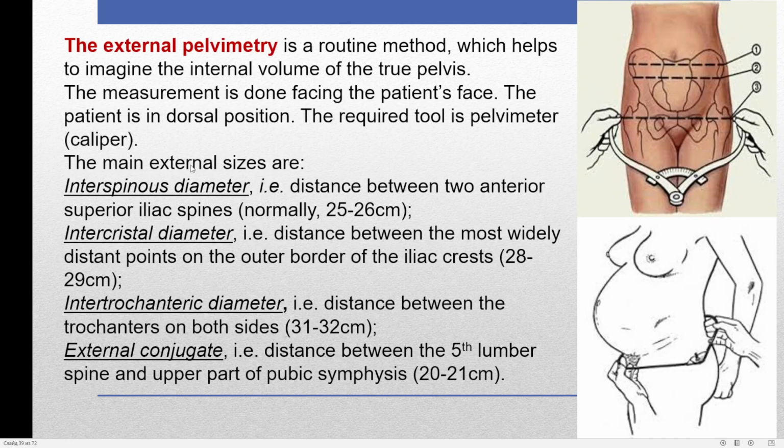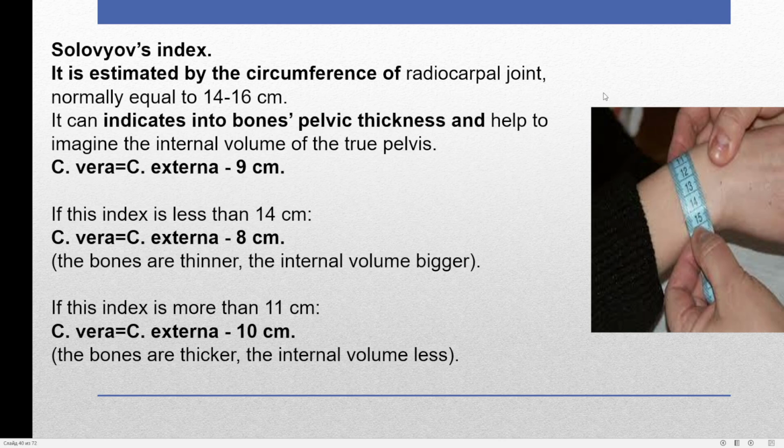I show again, it's the conjugata externa. But the true conjugate, or conjugata vera, is from the promontorium to the upper inner part of the pubic symphysis. If the Solovyov index is of normal size, we subtract 9.